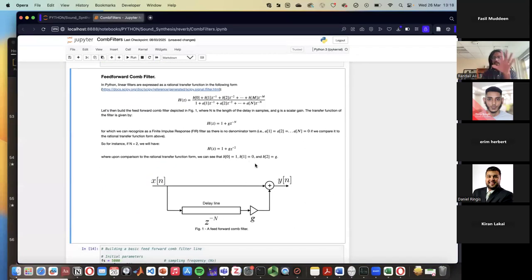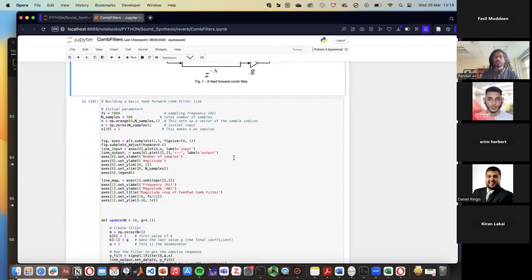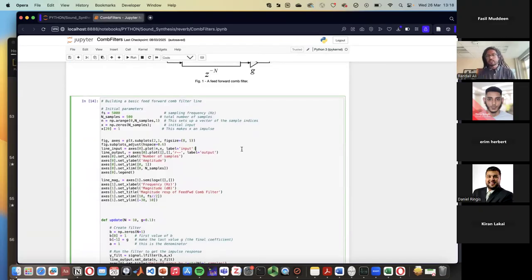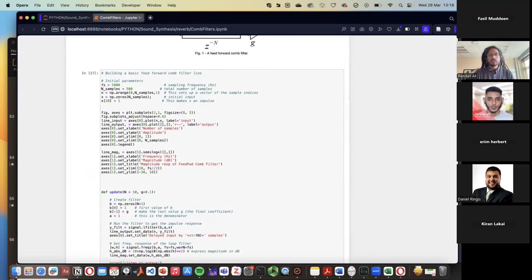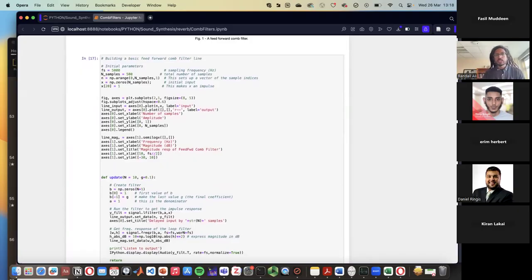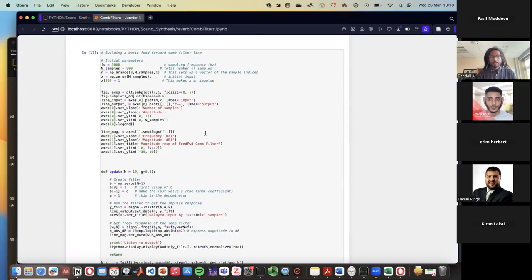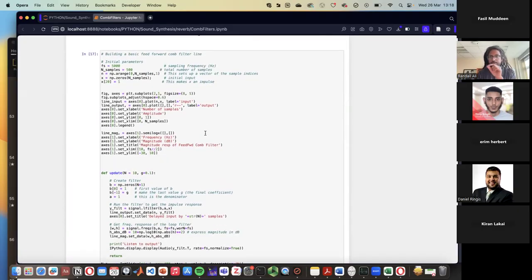I've written some of the basics on the theory here, exactly what we talked about, and then there's code where I actually build this for you. There are some interactive plots here, which allow you to change certain things. I'm not going to go through the details of the code, and I'll leave you to look into this.